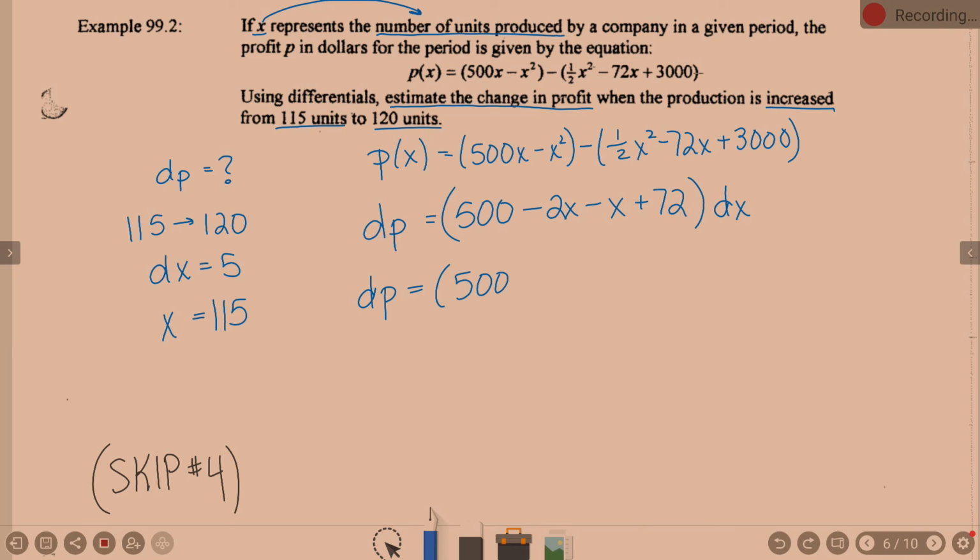500 minus 2 minus x is going to be minus 3x if you want, right? So minus 3 times 115 plus 72, times dx, which is going to be times 5. Do the math, however.